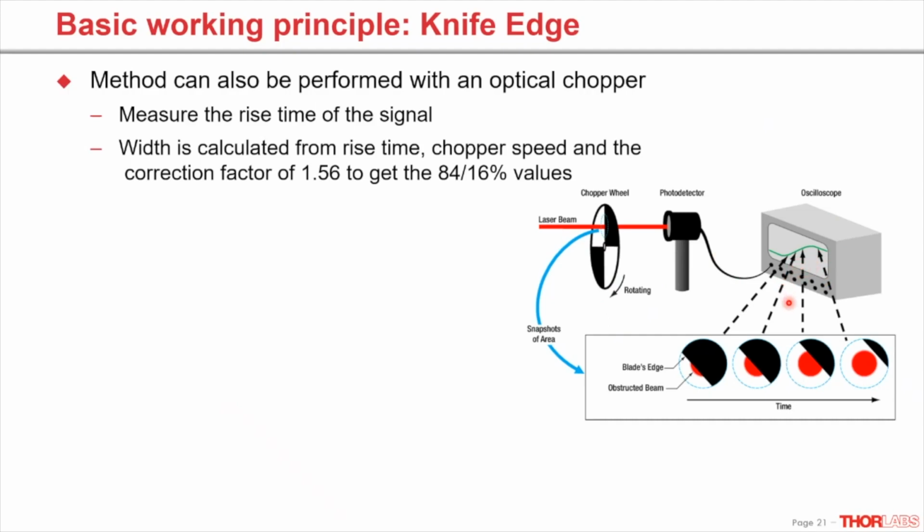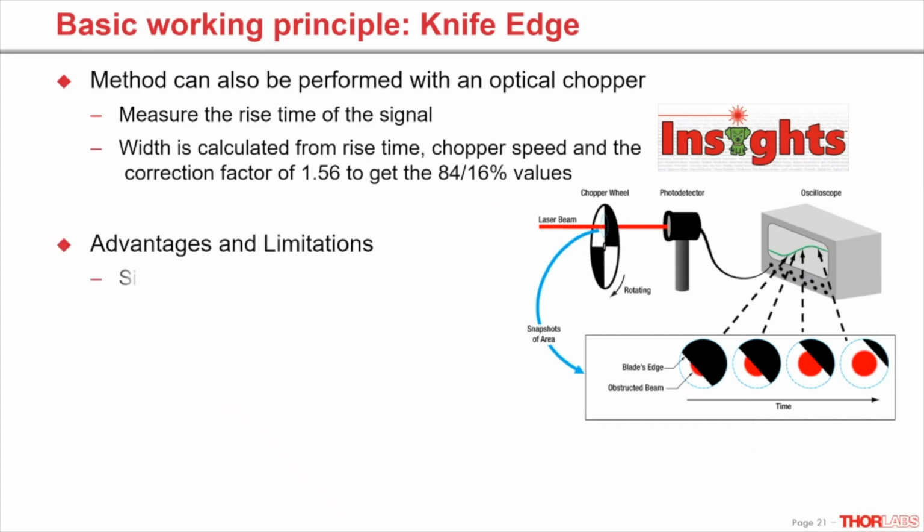When knowing the 10 to 90% rise time, the chopper speed, and the correction factor of 1.56 to compensate for the 84-16% values, this gives a nice method to get the 1 over e squared beam width. You can find all details to this experiment on the Thorlabs website in the Insights section.